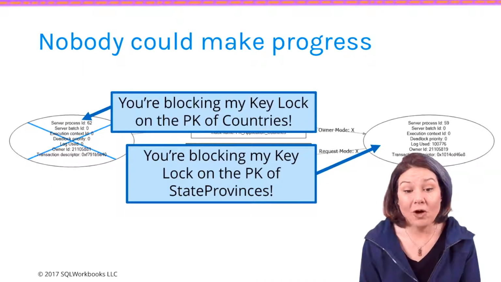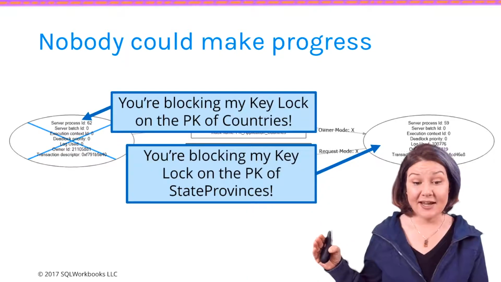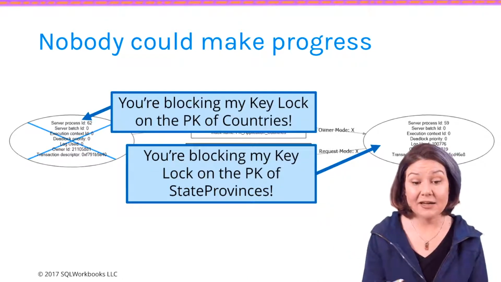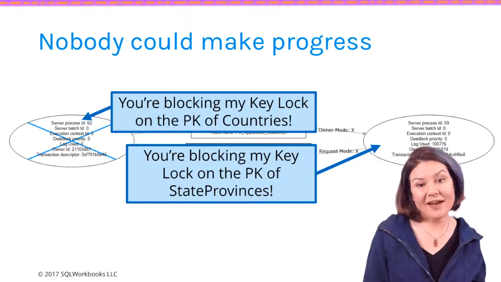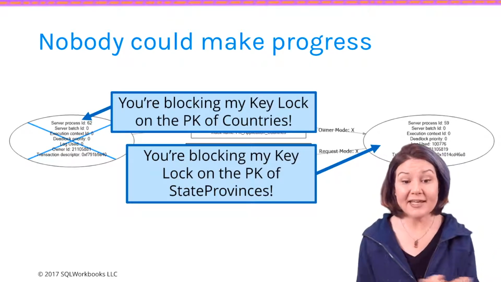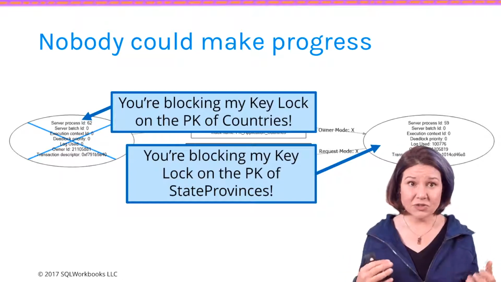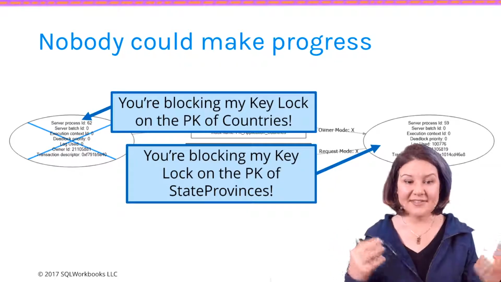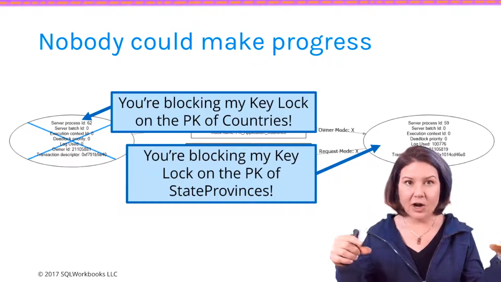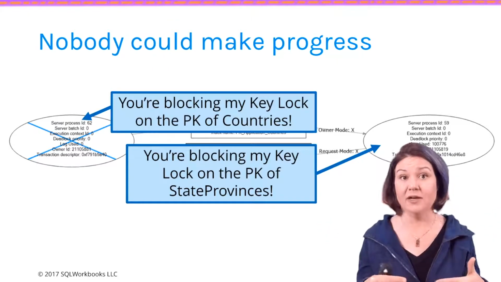Putting this all together, the query on the right who's doing the updates is saying, you are blocking my key lock on state provinces. Whereas the query on the left is like, well, you're blocking my key lock on countries. The way that locking works in SQL Server, because these happen to start and collide at the same time, it's like they're on a really narrow road and they just can't get past one another.